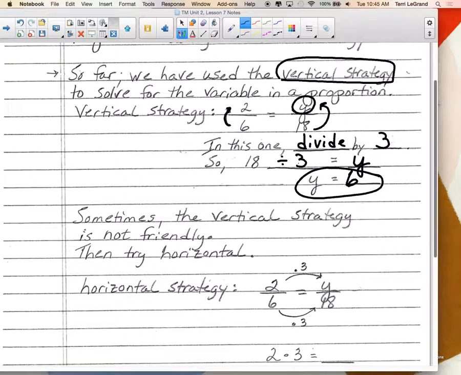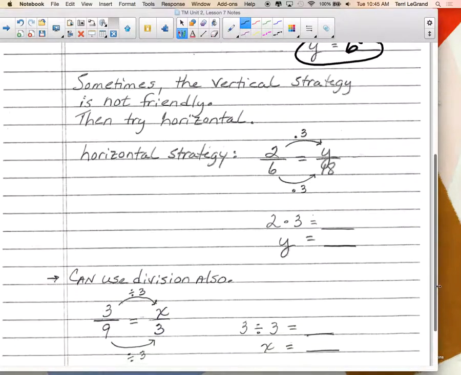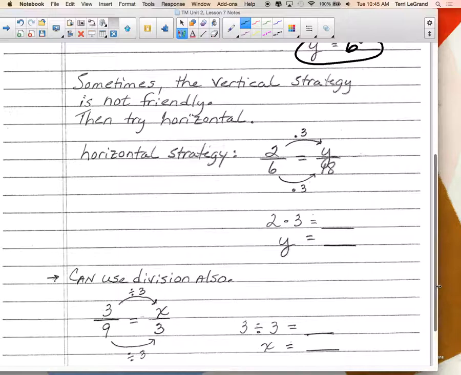Okay, what I'm introducing today that's new is, well, sometimes the vertical strategy is not friendly. So then I say, let's try horizontal. This same problem could be done using the horizontal strategy. We need to get to y, so we're going to have to move from the numerator to the other numerator, excuse me.